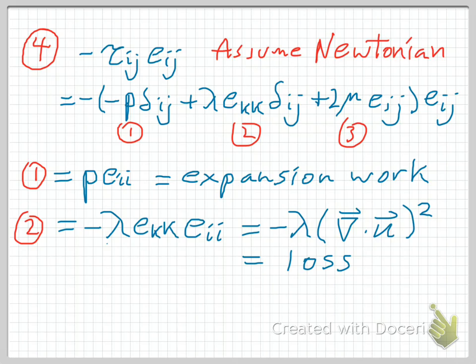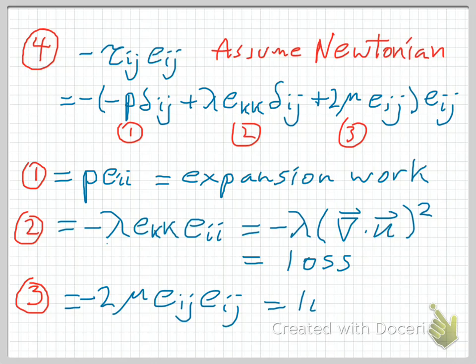Okay, then finally we've got term 3, which is a pretty interesting process. Term 3 gives us 2 mu Eij Eij, and it has a minus sign. So this is also a loss, and this is the loss due to dynamic viscosity.